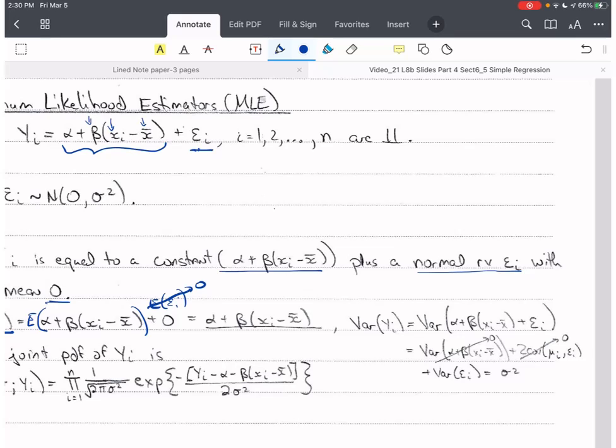Now I can do the same thing with the variance. And here what I'm going to do is break this up and say that the line portion is one part, it's all a constant, of a sum.